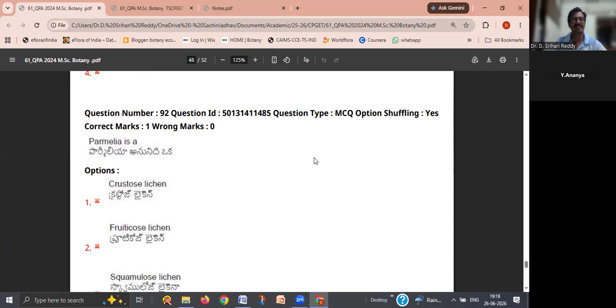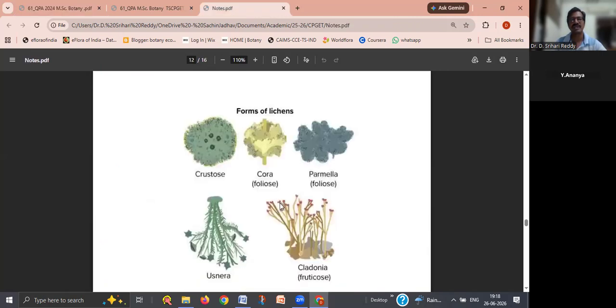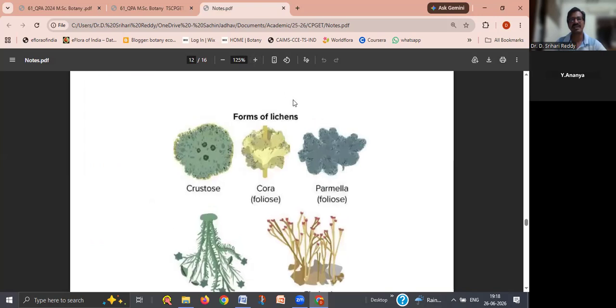Parmelia is a what? In lichens, there are different kinds. For example, crustose lichens, which are very thin and bind very strongly to the rocks. We can't remove them.